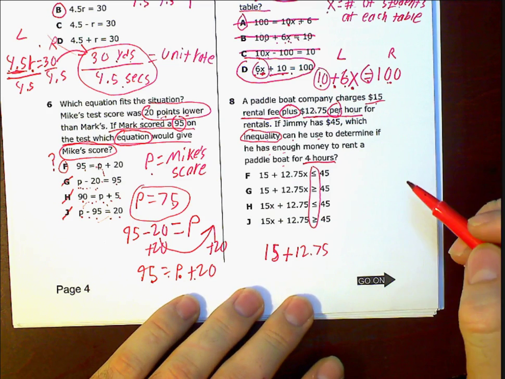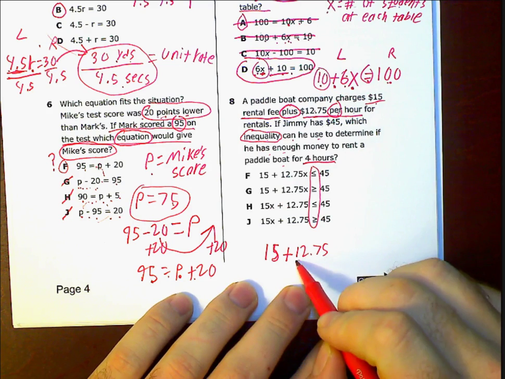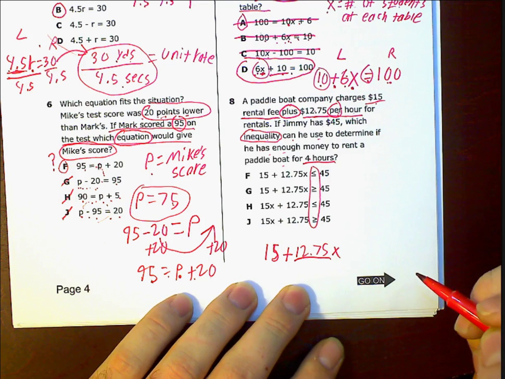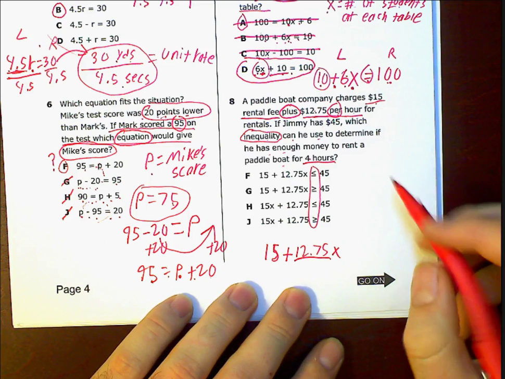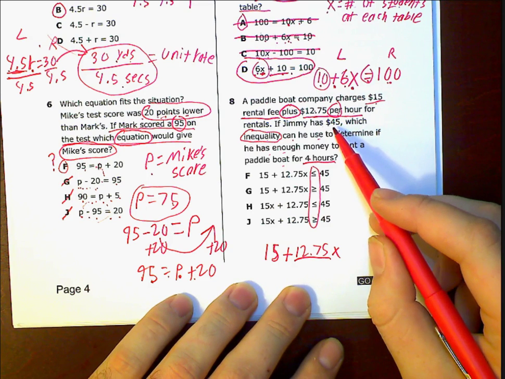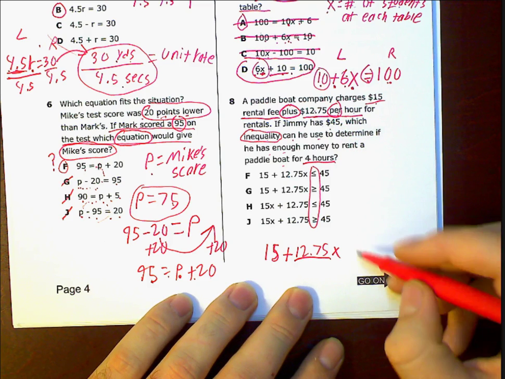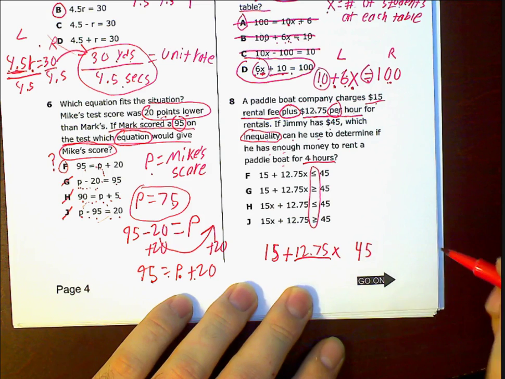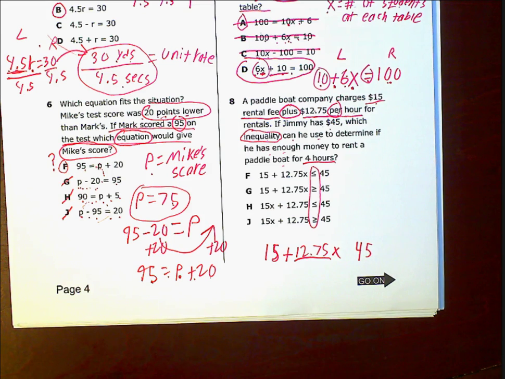So we know x is hours. So if 12.75 is our rate per hour, x will be our hours. Okay? And then we know that the total amount of money that Jimmy has to spend is $45. Okay, now we have to determine which symbol to use.